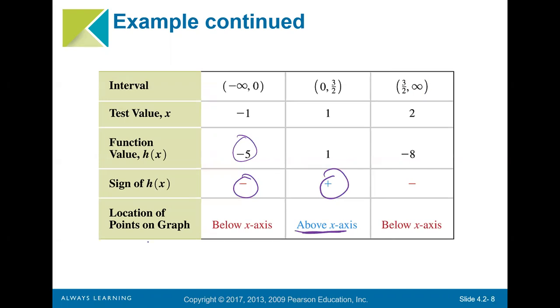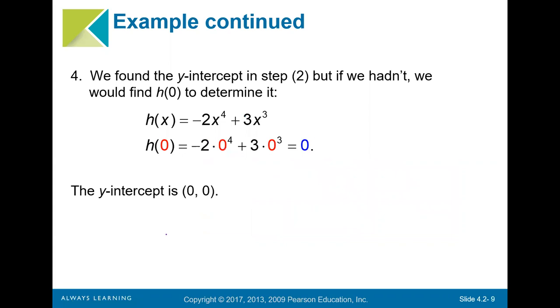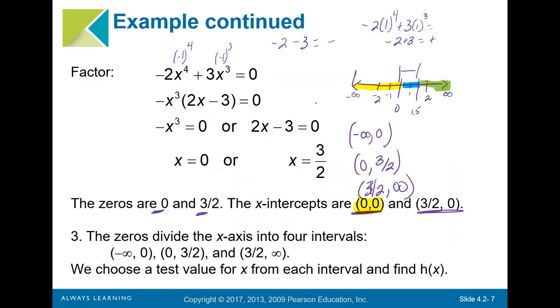And then let's plug in some point on the other side. From 1.5 to infinity, let's just pick 2. When I pick 2 and plug it in, what do I get? -2 times 16 plus 3 times 8.